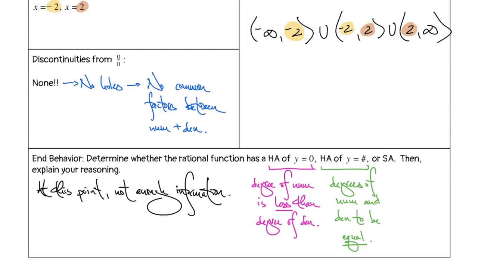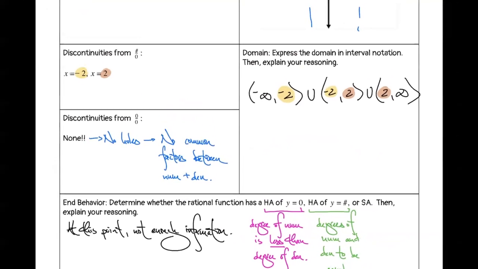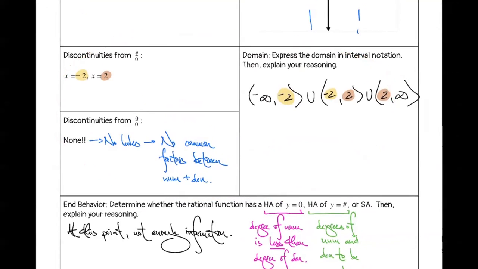Okay. Now this idea right here of end behavior and this idea of discontinuities, we're actually going to come back to again in calculus, right? So if anyone in here has ever taken calculus, we'll be looking at end behavior and discontinuities through the lens of something we call limits, okay?